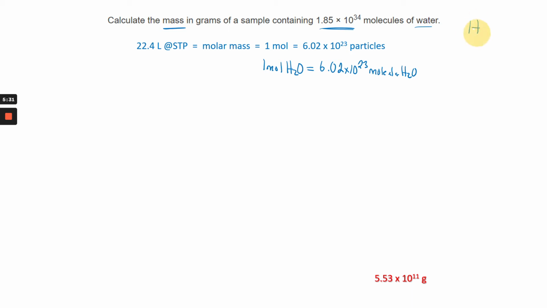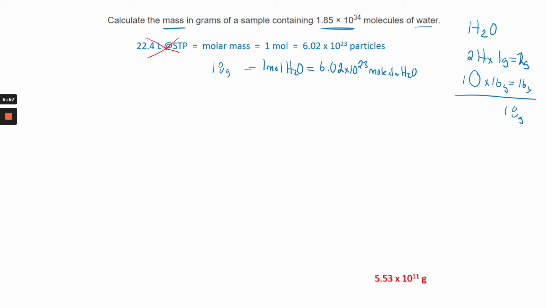Well, water, H2O, has 2 hydrogens that each weigh 1 gram. 2 times 1 is 2. And it has 1 oxygen that weighs 16 grams. So water weighs 18 grams. Now, water is not a gas at room temperature, so that doesn't apply.